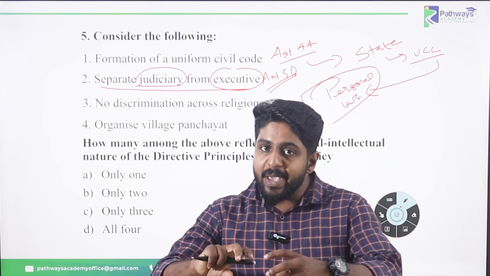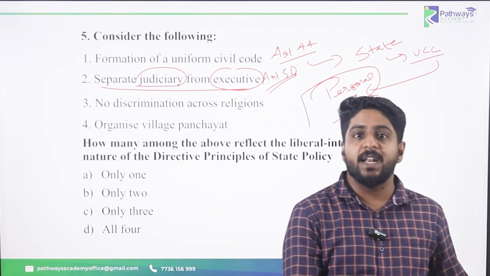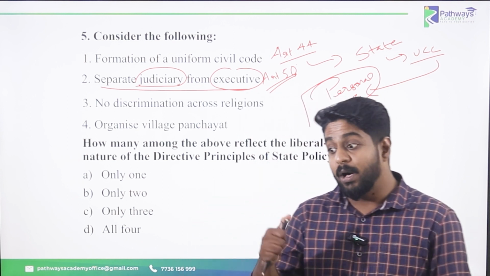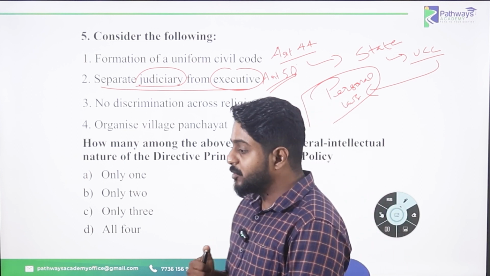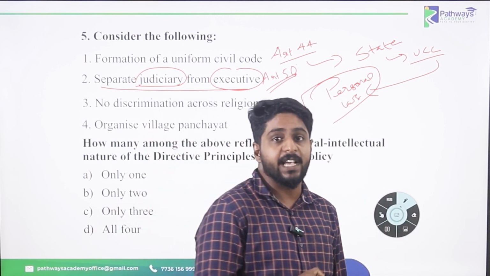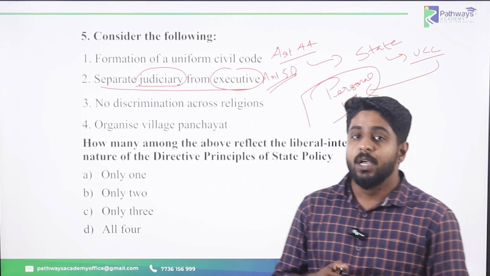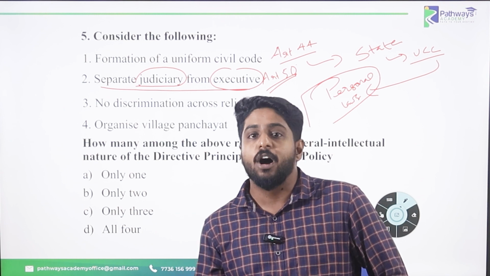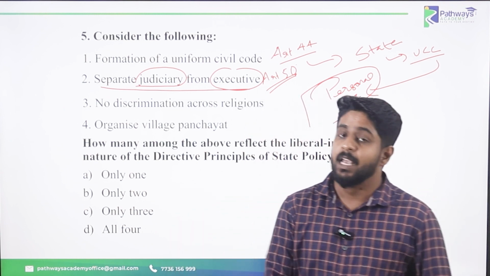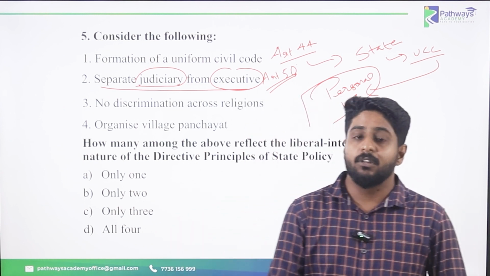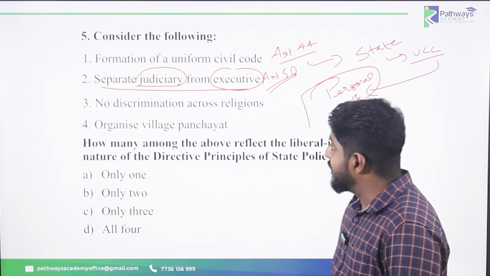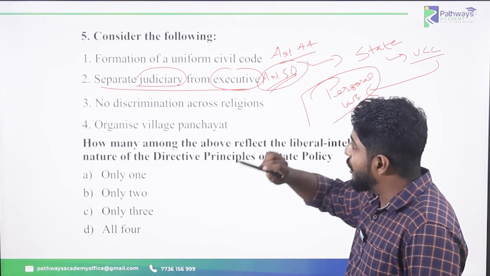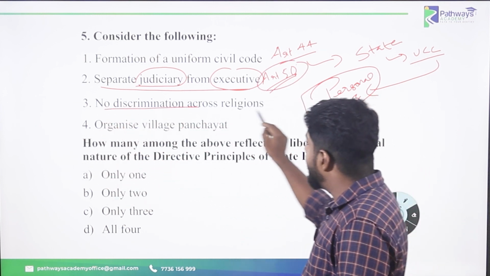So there should not be mixing of judicial as well as executive functions in the same public office. That is the idea, isn't it? You earlier had the district magistrate who was performing the judicial as well as the executive functions, but now the district magistrate is somebody who is under the authority of the high court, isn't it? So he will perform the judicial function. Now the district collector will perform the executive function. So that was separated on the basis of article 50 of the Indian Constitution. No discrimination across religion.